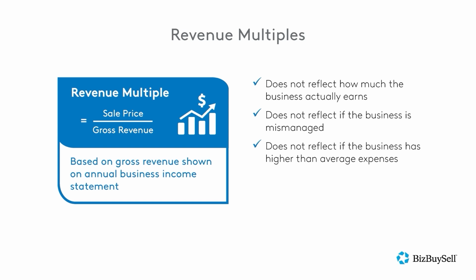However, because annual revenues cannot reflect how much money the business actually earns, most experts caution that basing the price multiple on revenues does not reflect the health of the business. Revenues do not reflect whether the business is mismanaged or if it has higher than average expenses.